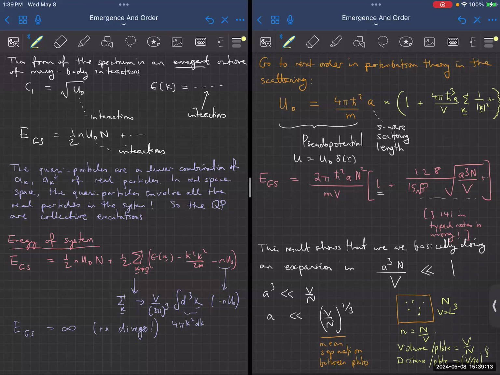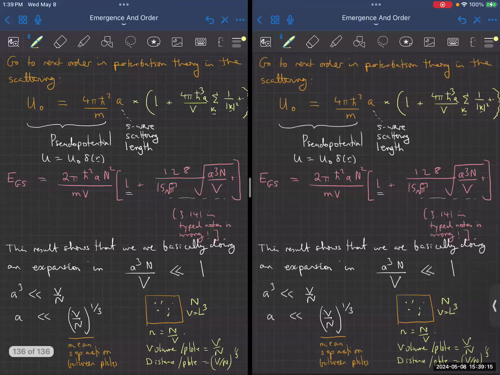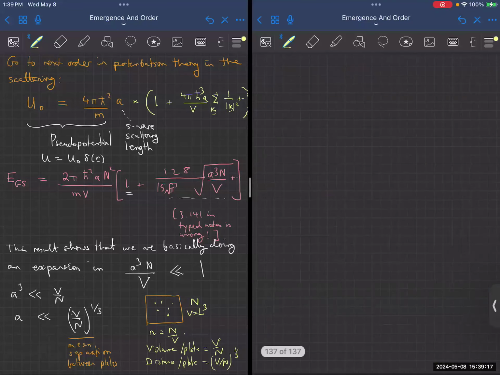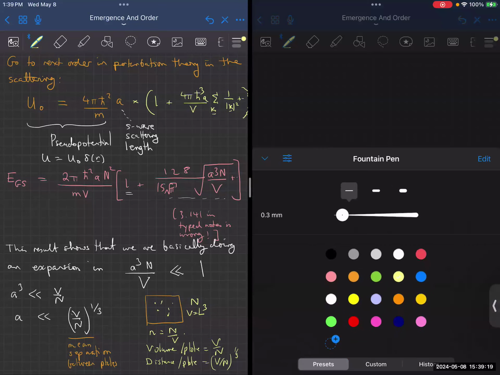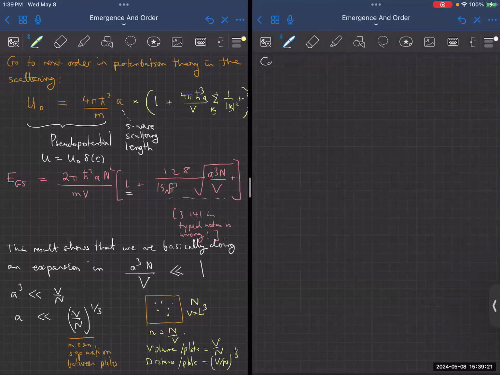And so what we've basically found is that our calculation is self-consistent.